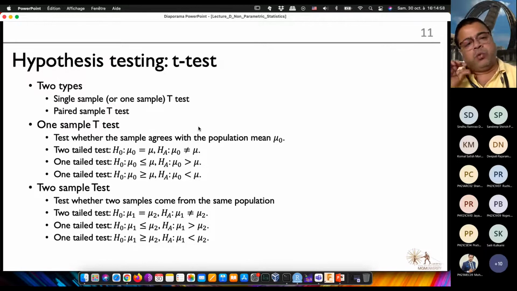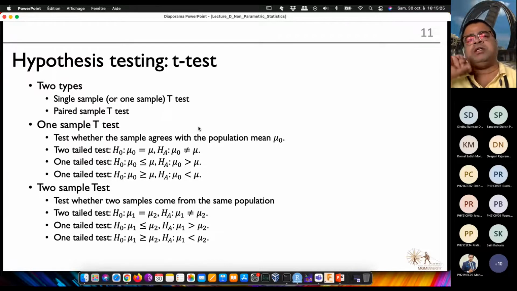Now, one sample t-test. What is a one sample t-test? When do I use it? I know the population mean beforehand. For example, if I make a generalized statement, the average height of an Indian girl is 5 feet 4 inches.